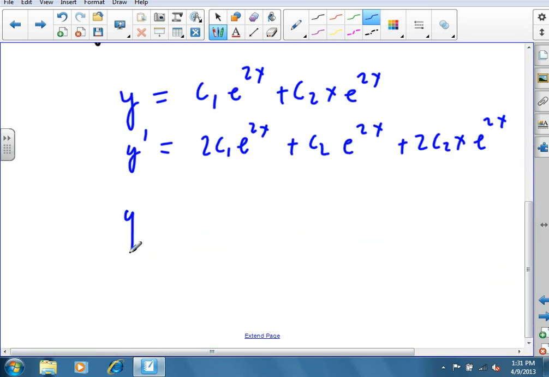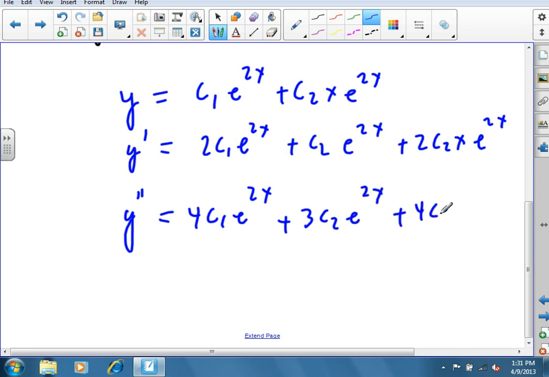And y double prime would be 4c1 e to the 2x plus, I got a c2 and then two c2's over here, so I got 3 c2's e to the 2x plus 4c2 x e to the 2x.